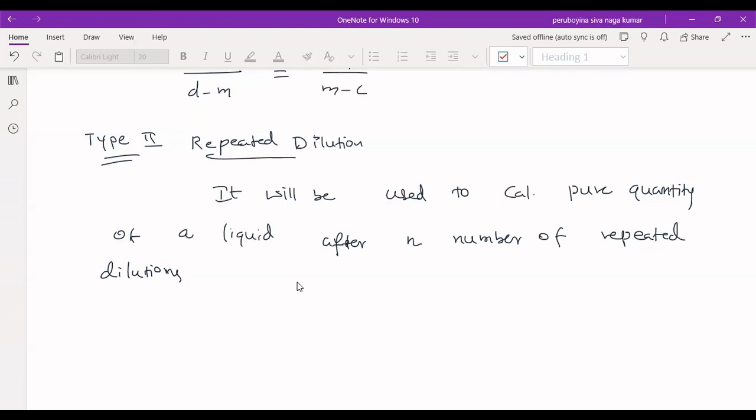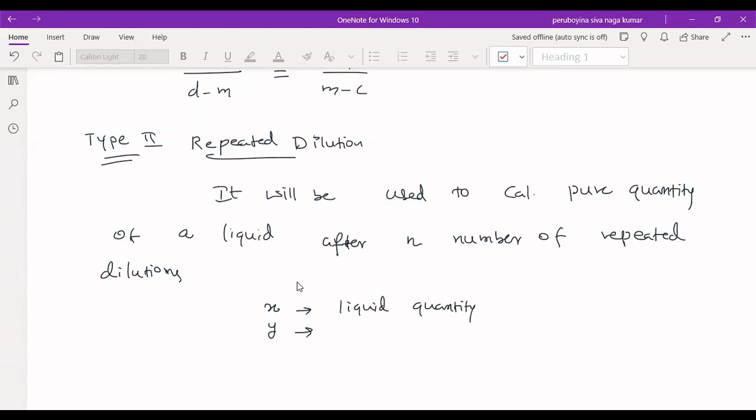Suppose a vessel contains X units of liquid. X is the liquid quantity, initially. And Y units are taken out.